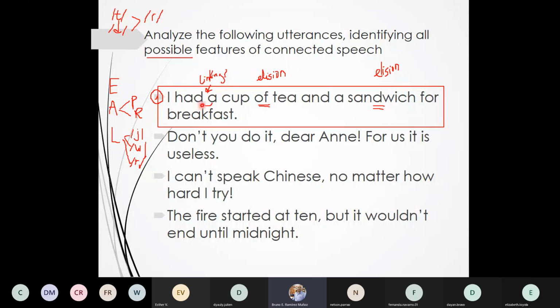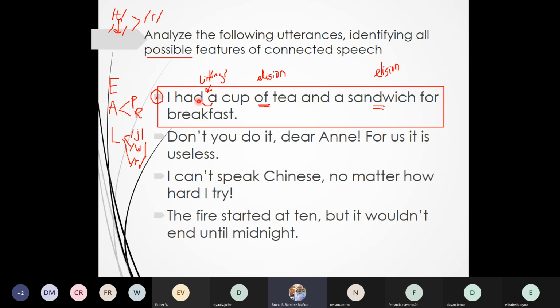So hadra, I hadra cup of tea. So it's not the case that we are inserting an r after the d. It's probably that we are using an allophone of the sound d, which is the flap, right?